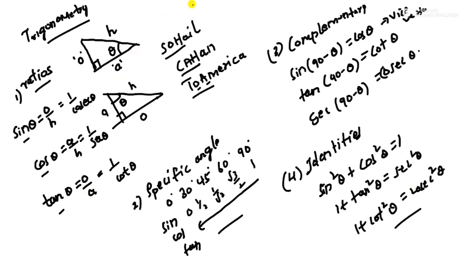Okay, moving to our next chapter, that is applications of trigonometry. See, there are only two things. First, there is a person standing over here, and this is the ground. Imagine this is the building and someone is looking at the top of the building from here.